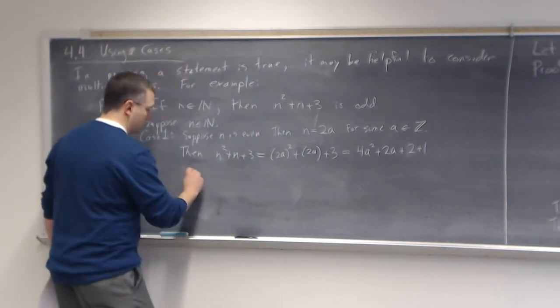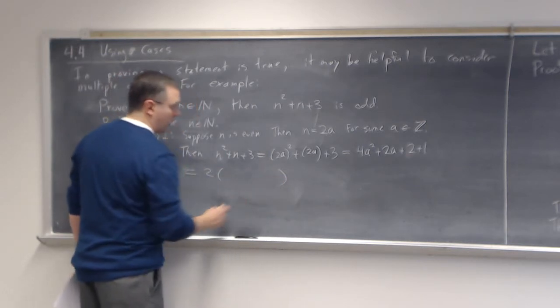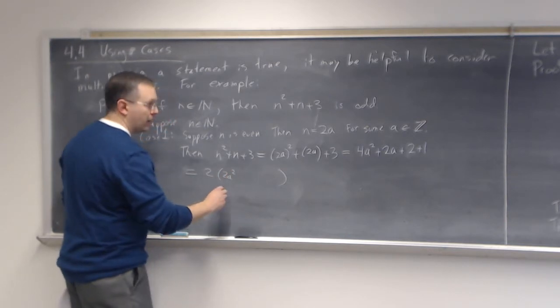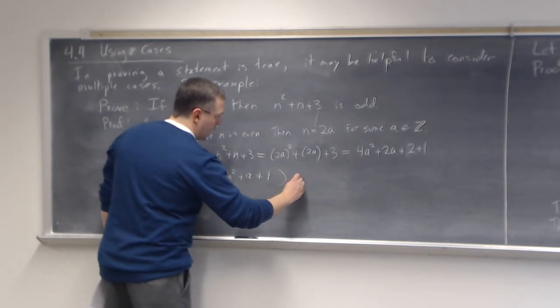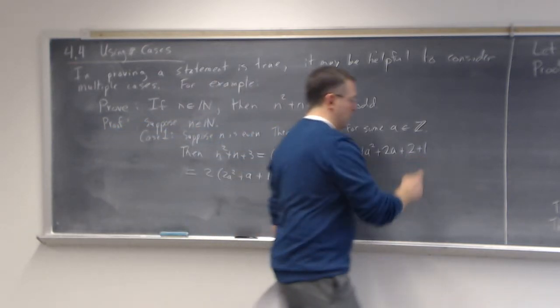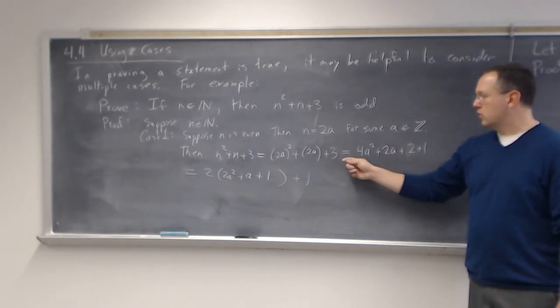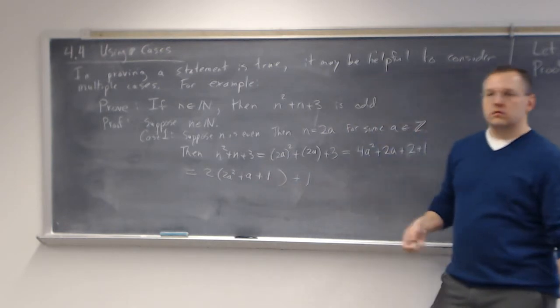Now I need to factor out 2. So now I have 2 times the quantity 2a squared plus a plus 1, and outside, here's my plus 1 still. These first 3 terms are even, so I can factor out a 2. And now it does look like 2 times an integer plus 1.